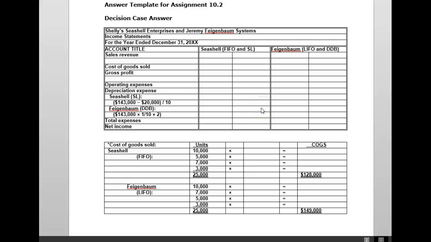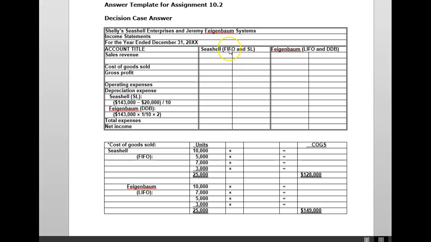Last one for 10.2. We're just looking at the discussion case, and this kind of brings together inventory, depreciation, and how you might use these two types of differences in how a company records its financial information to compare and see which company is doing best, or to try to bring some comparability between companies.